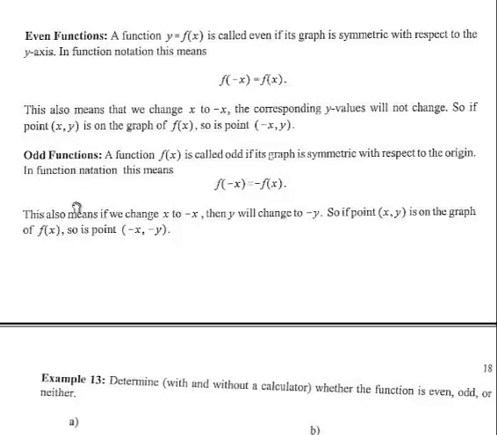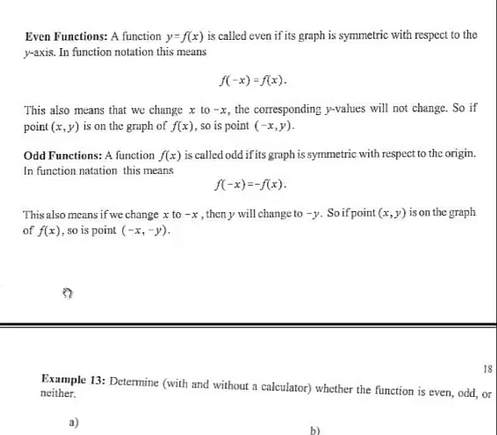Okay, for odd, we can say that you cut along the y-axis and simply rotate it 180 degrees around to where the two halves are overlapping, and if those curves match, then we say it's an odd function.